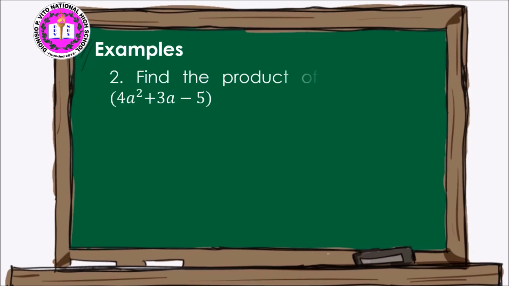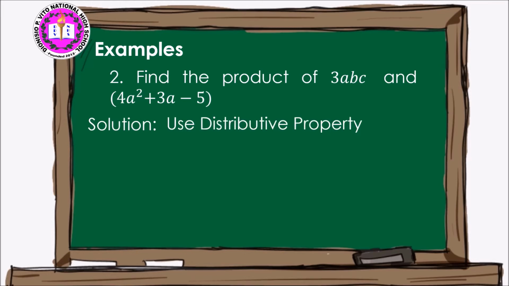Another example, find the product of 3abc and 4a squared plus 3a minus 5. Our solution, we're going to use the distributive property.